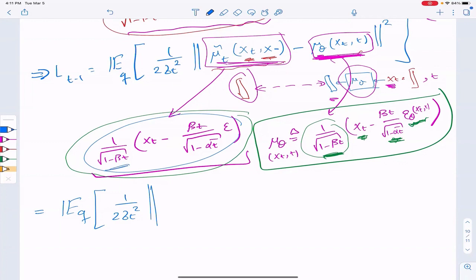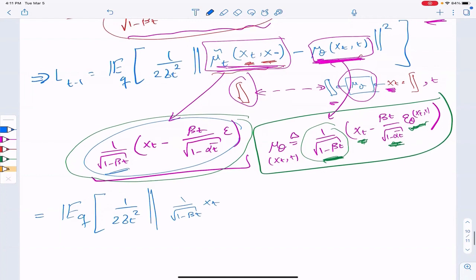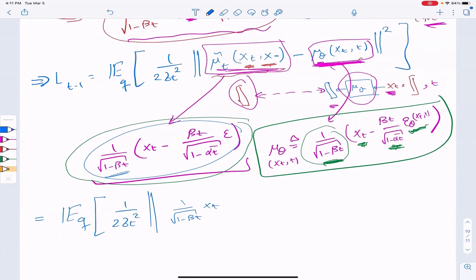But I can factor out these terms, right? So I'm going to have square root of 1 minus beta t times xt. Let me actually open this up so it will be a little bit clearer what I mean. 1 minus beta t over this term, multiplied by this term, times epsilon.